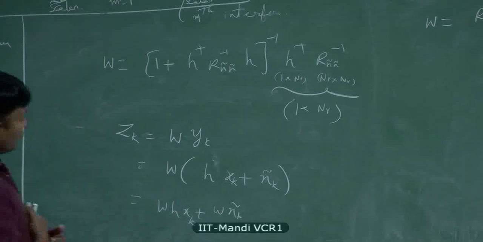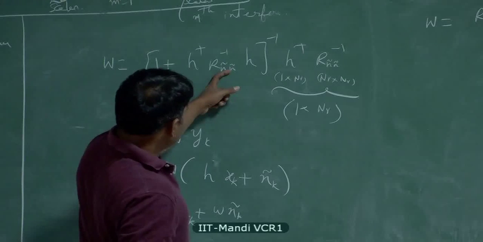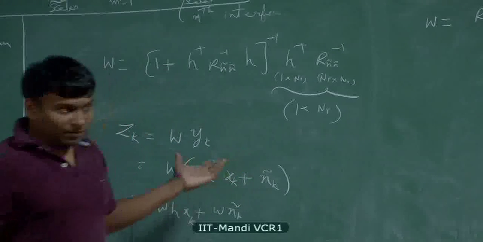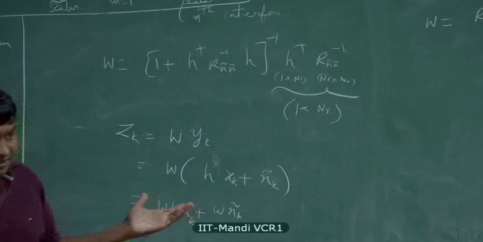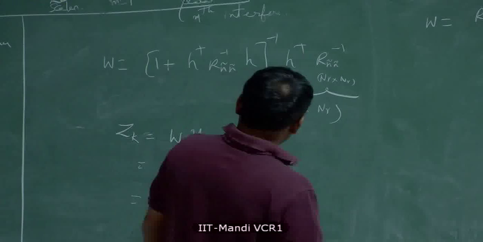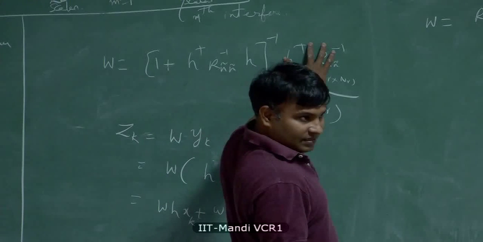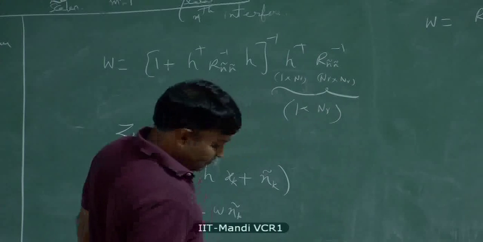So alternatively, if I drop this from the filter expression, you can safely drop it because it's a scalar, so a scalar doesn't change anything. So my new MMSE filter would be only this.